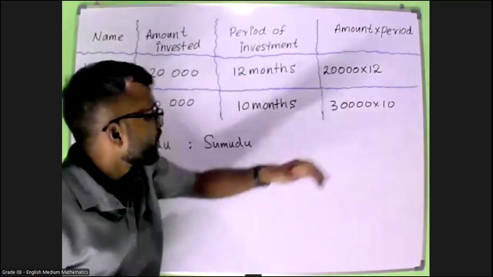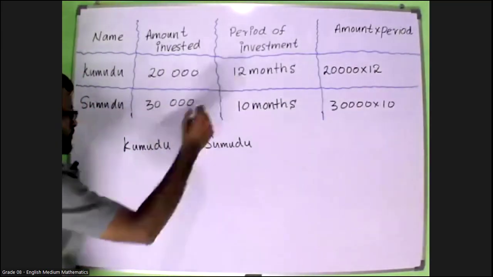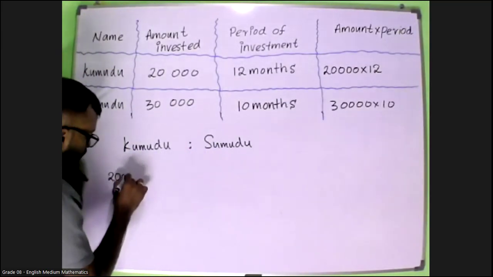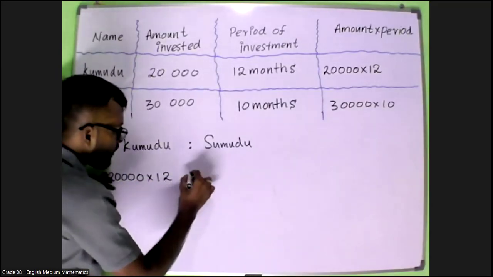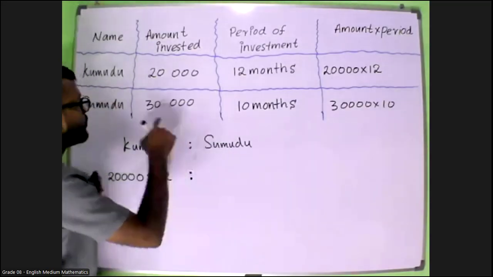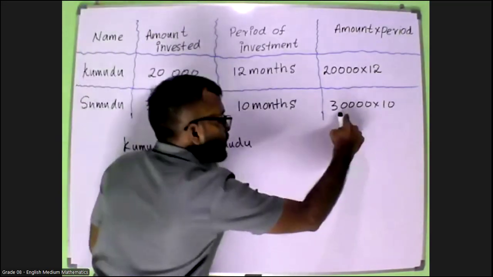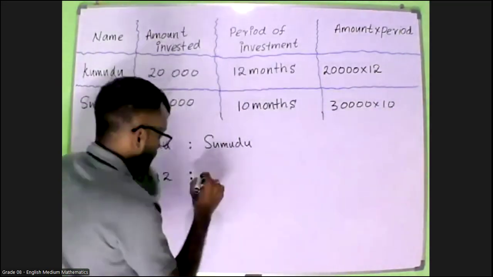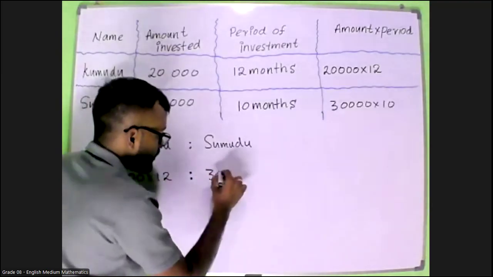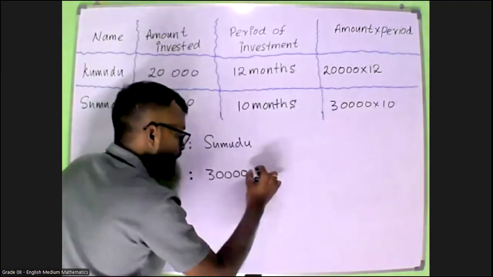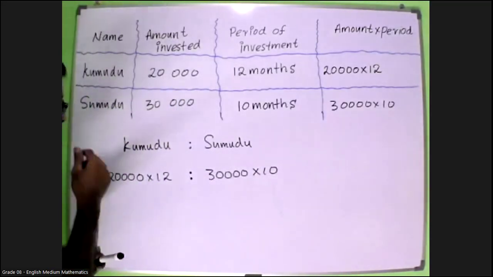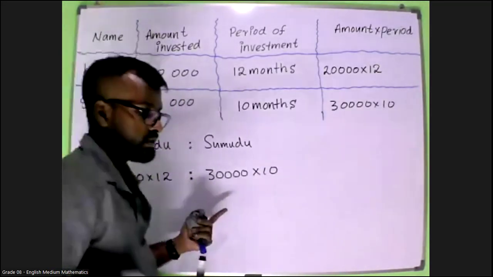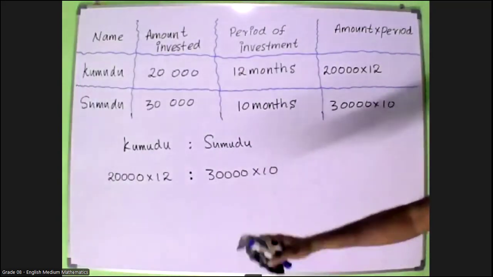Kumudu, 20,000 into 12. Sumudu, 30,000 into 10. Now, how do we simplify this?